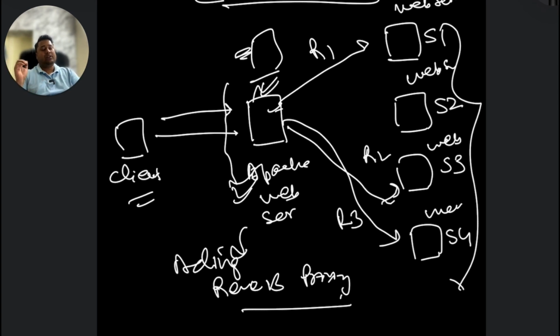So for example, there are n number of clients here, and they keep on sending requests to get served from the web server, and all those requests are going via Apache Web Server, and you have one request, one connection, one thread dedicated.